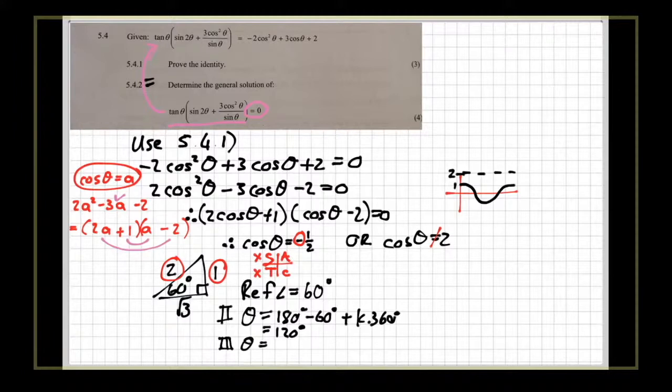In quadrant 3, it is 180 plus 60, which leads me to 240 degrees. And for both of them, plus k times 360. And what must I never forget? K is an element of Z. Let me write that a bit bigger. I am trying to go way too small here. K is an element of Z. Please do not lose that 1 mark.